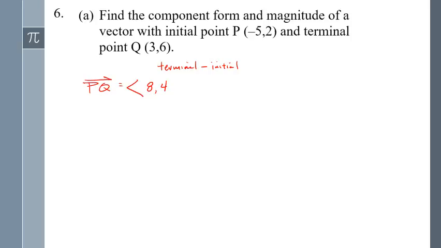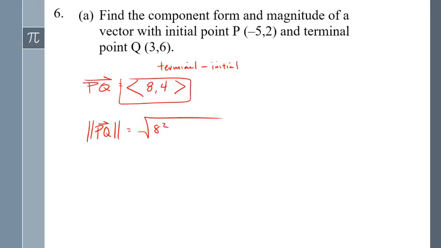That's my vector. And then the magnitude of PQ, just like we did on the previous problem, is 8 squared plus 4 squared, which is the square root of 64 plus 16, which is radical 80, which, let's see what goes into 80. That's going to reduce to 4 radical 5.